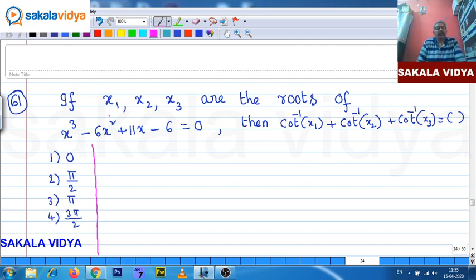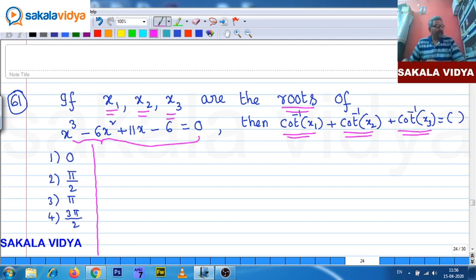So now x1, x2, x3 are the roots of this cubic equation x cube minus 6x square plus 11x minus 6 is equal to 0. Then we need to find out cot inverse of x1 plus cot inverse of x2 plus cot inverse of x3.